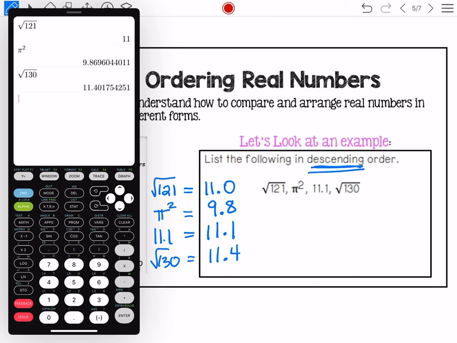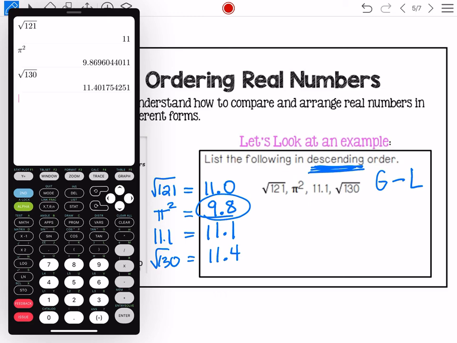And again, descending order is what we're focusing on, which means from greatest to least. So we're starting with the biggest number and then getting to the smallest number. What I notice is that my smallest number, just by looking at these, is 9 and 8/10.